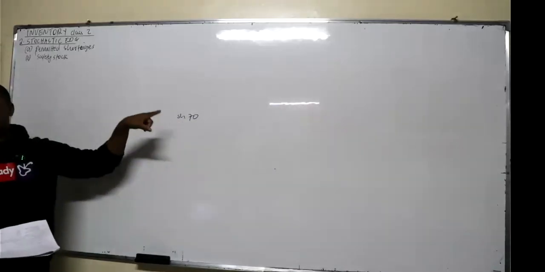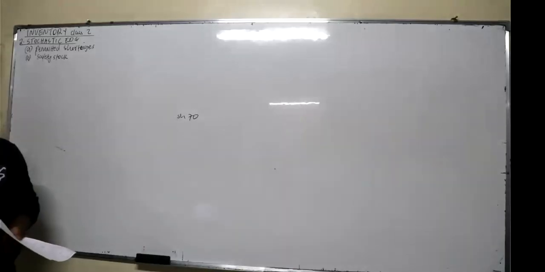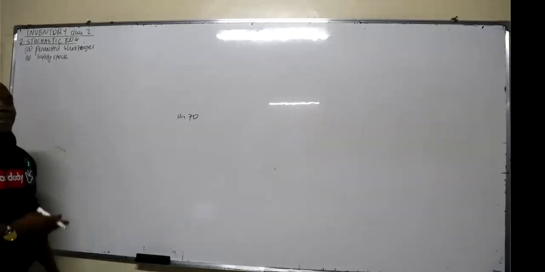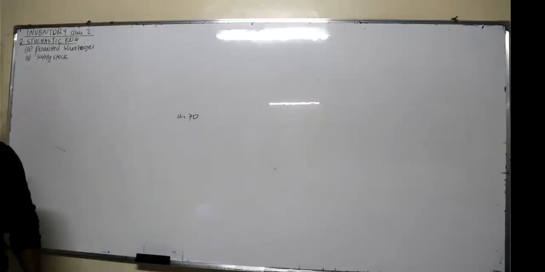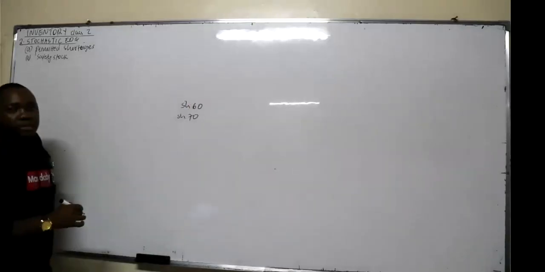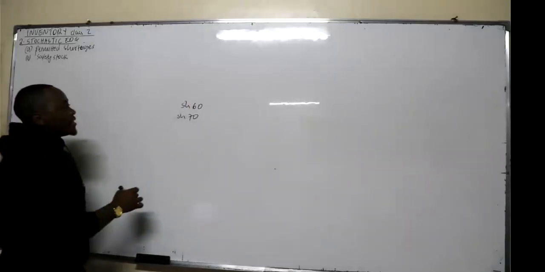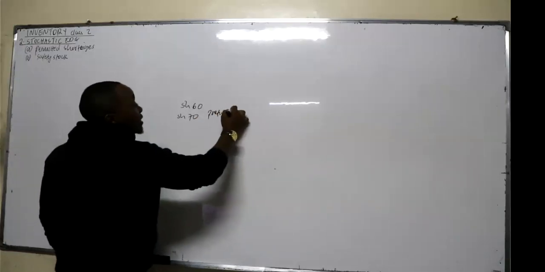But in most cases, they are taking it at a cost of how much? 50. Milk doesn't have that much profit. Okay, let's just work with 60 shillings. So how much is your profit? Your profit is 10.